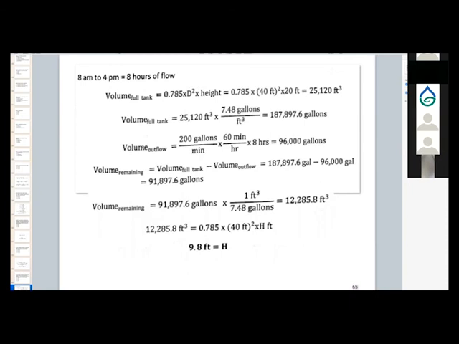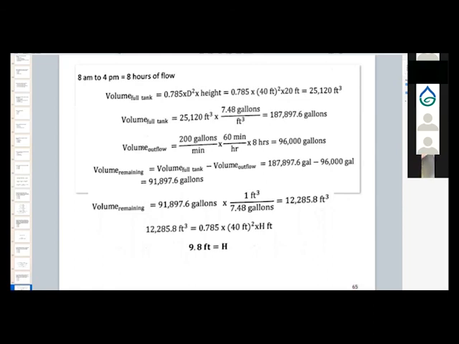So now you want to see the amount of water leaving, right? So you got 200 gallons of water leaving a minute, and then you're going to convert that to how much will leave in 8 hours, because we're doing 8 hours of time, times the 60 times the 8. And then you're going to get, okay, in this 8 hours, we've got 96,000 gallons of water leaving. And then now you just plug in what's remaining. It's the simple math, 187,897.6 gallons minus the 96,000.